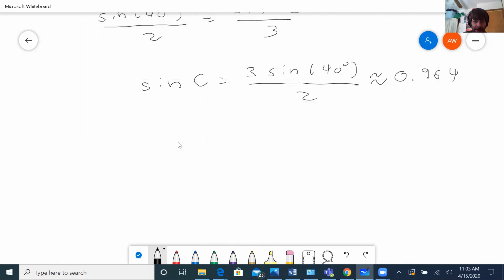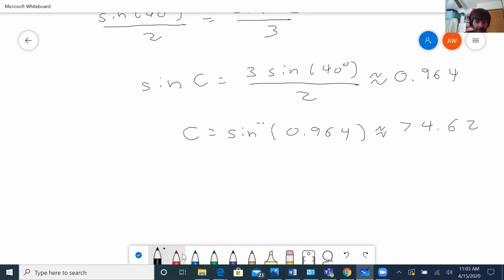And so that means that I know C is going to be the inverse sine of that. 74.62.